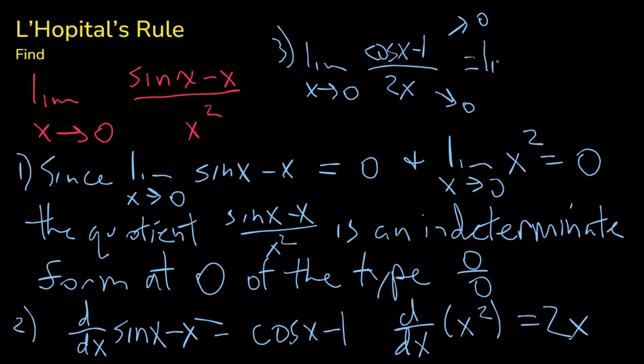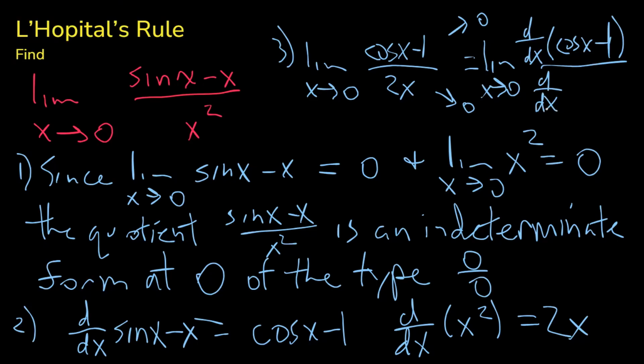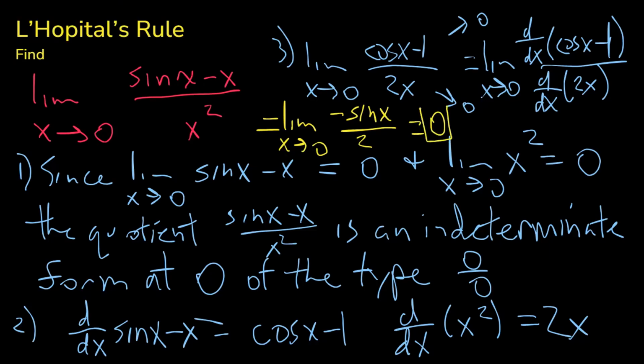So we would take the limit as x approaches 0 of the derivative of the numerator over the derivative of the denominator. So this is now going to equal the limit as x approaches 0 of negative sine x over 2, and as x approaches 0, this will equal 0.